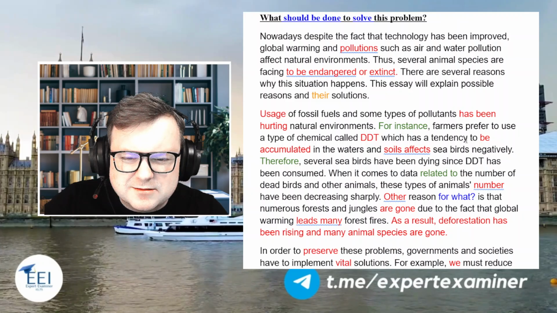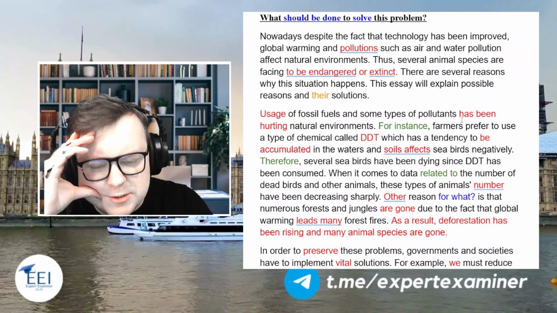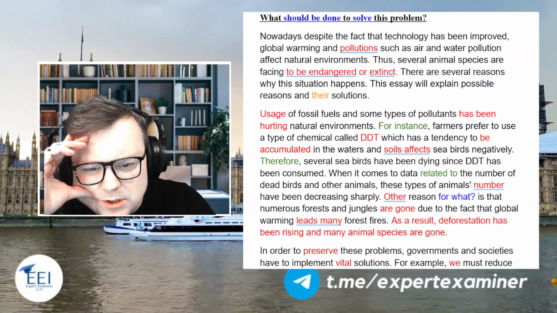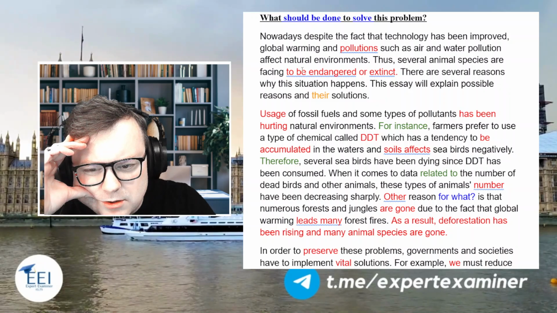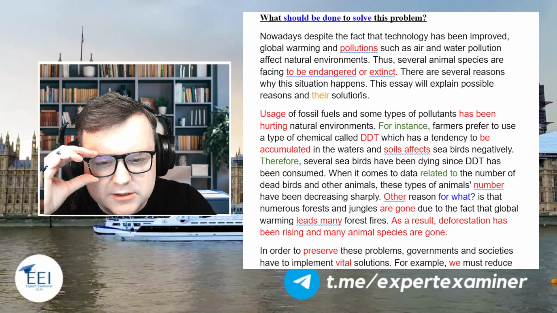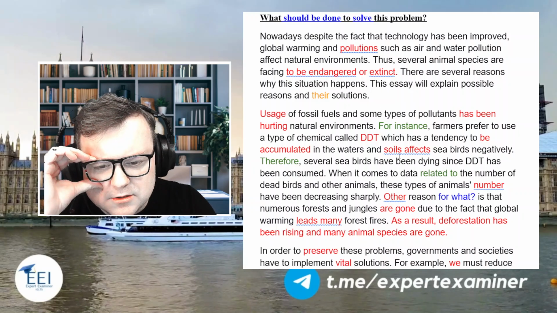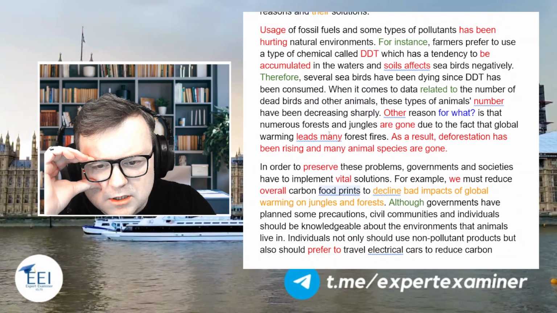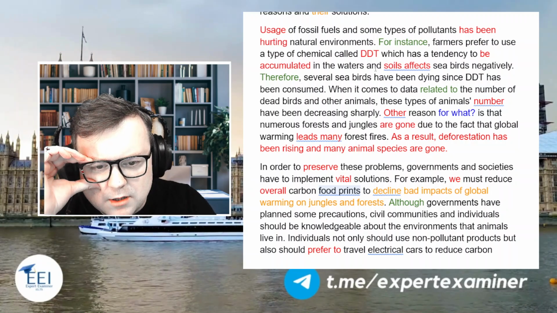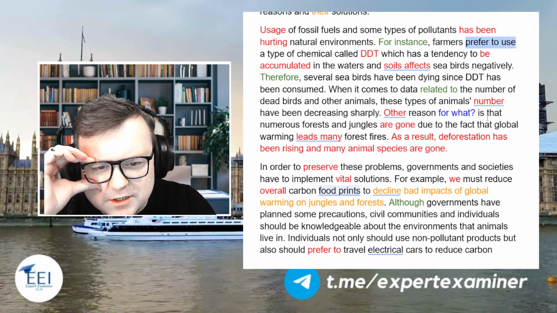I want to look at the grammar again. I'm very sorry about that. "Despite the fact that", cool. "Are facing", cool, present continuous, so we get simple, we get continuous. "Why this situation happens", embedded sentence, nice, embedded question. "Prefer to use", cool, nice use of infinitive.